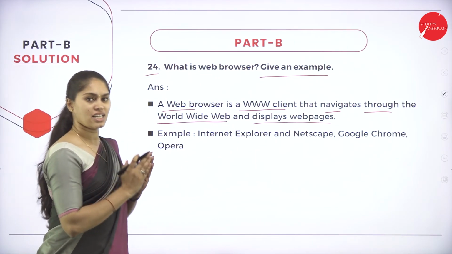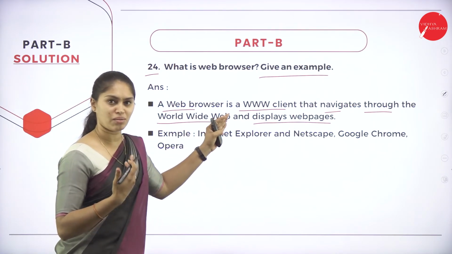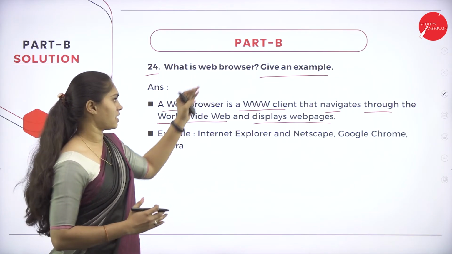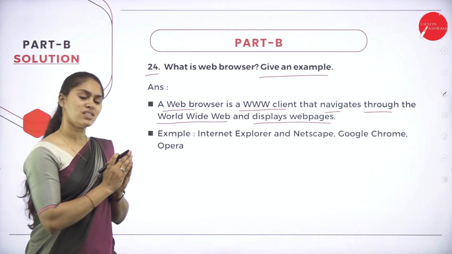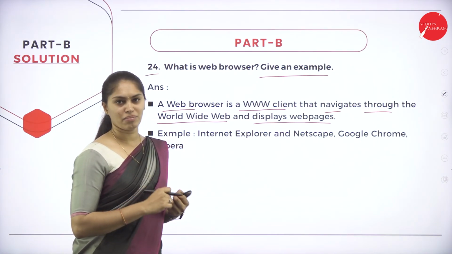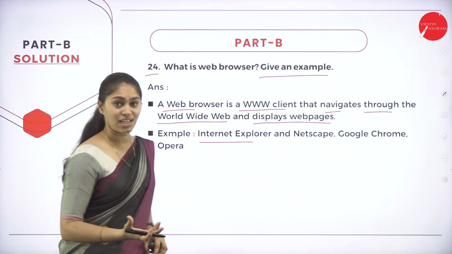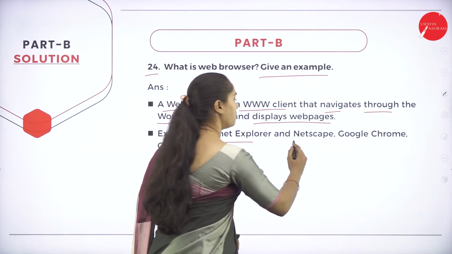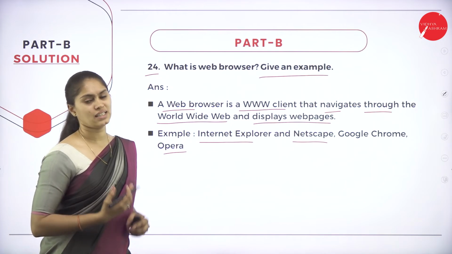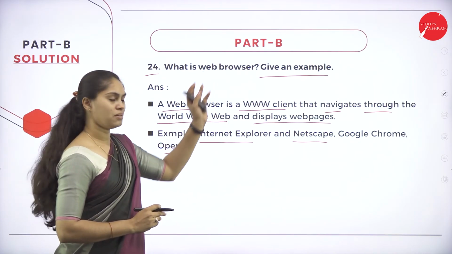So in order to display web pages or fetch the content of www, we require an application software, that is nothing but a web browser. By using a web browser you are going to get information or data. So this is so simple. We use Internet Explorer, we have Firefox, Netscape, Google Chrome, Opera, Bing. These are all examples which come under the category of web browser.